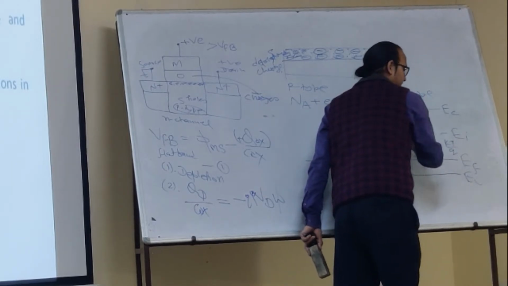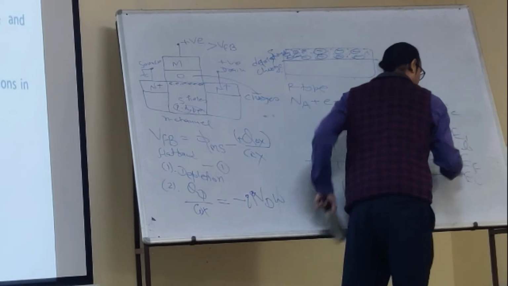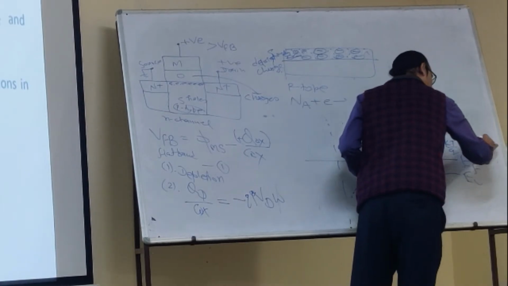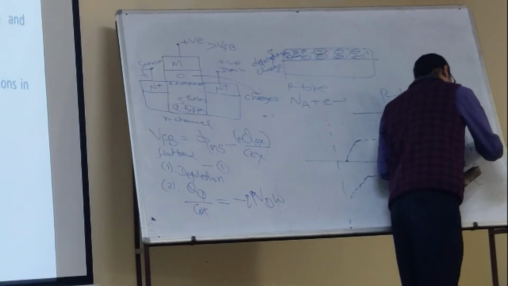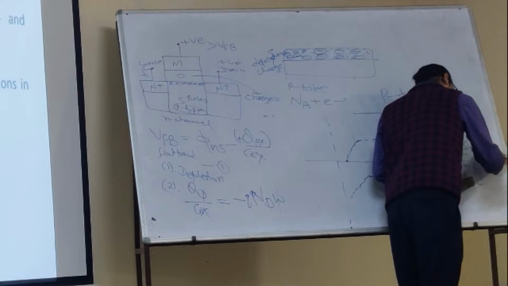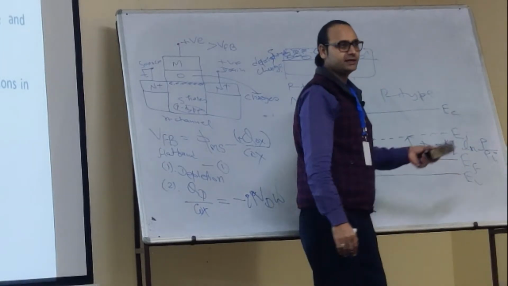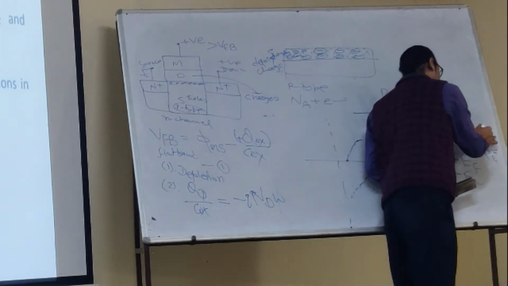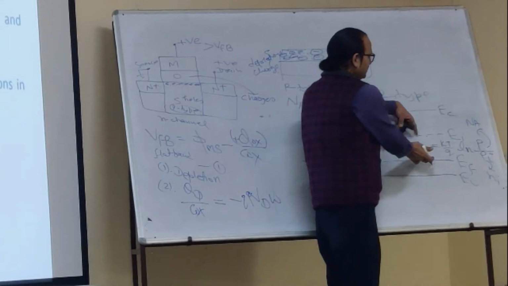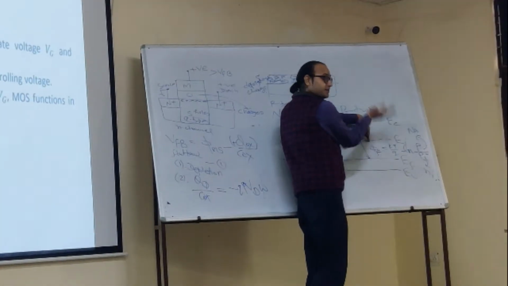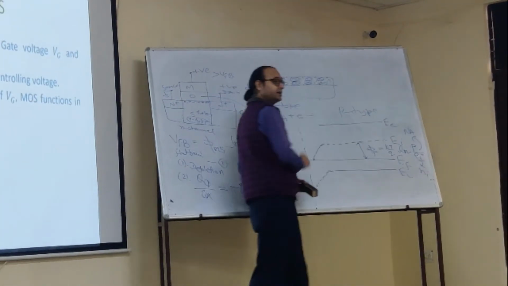KT by Q, ln of P by Pi, and we know very well this P is NA, whatever is the P concentration, divided by Pi. This P is nothing but NA, this Pi is nothing but Ni. So this much of potential is required from the gate up to this point.